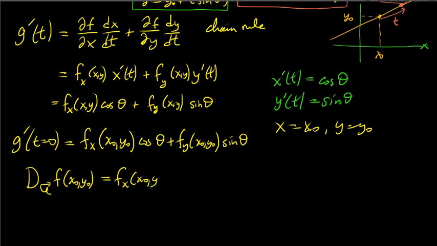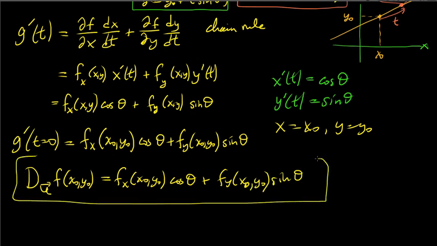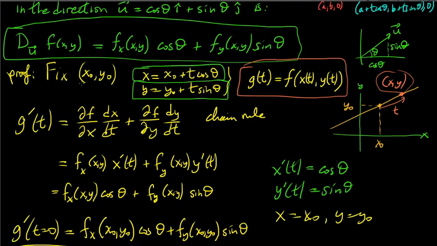So I guess I have to copy it down again. x0, y0, right, times sine theta. So that is the formula for the directional derivative of a function f at a given point in a given direction. The given point is x0, y0, right?